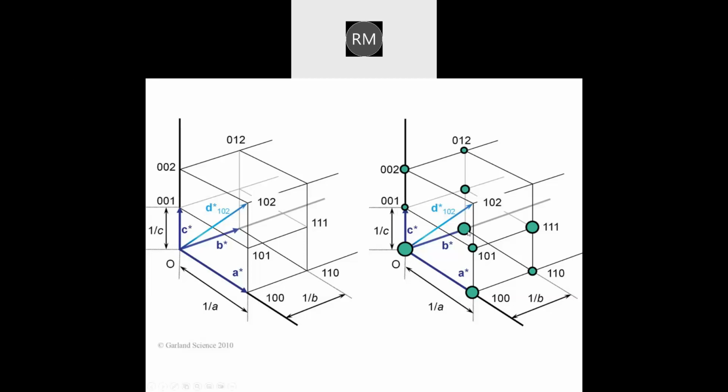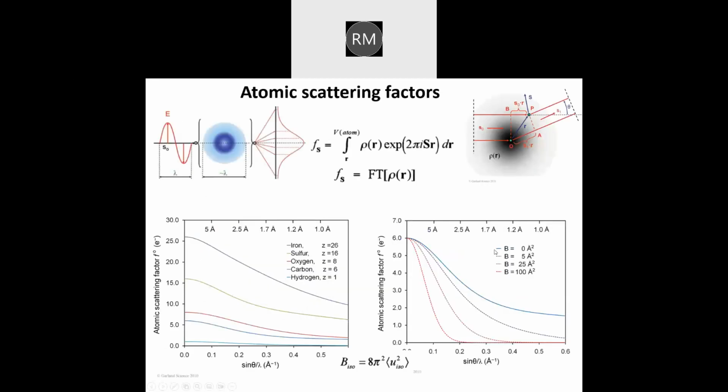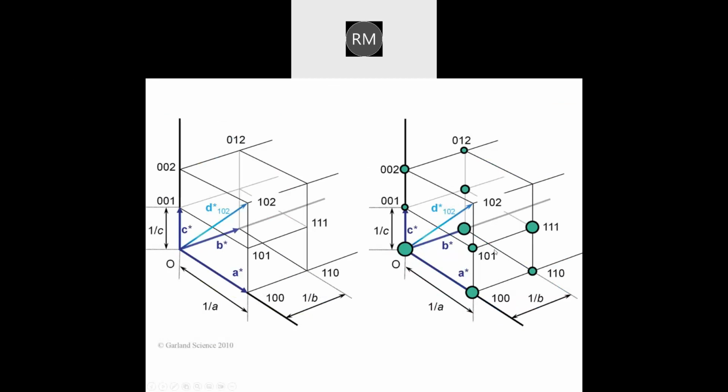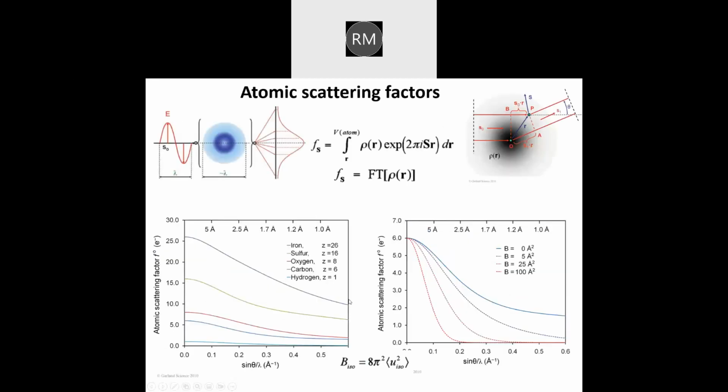So these spots can be 0° phase angle, this can be 20°, this can be 10°, this can be 110°, whatever. So we can get the diffraction patterns, their intensities, their phase angles, and we can get the electron density.